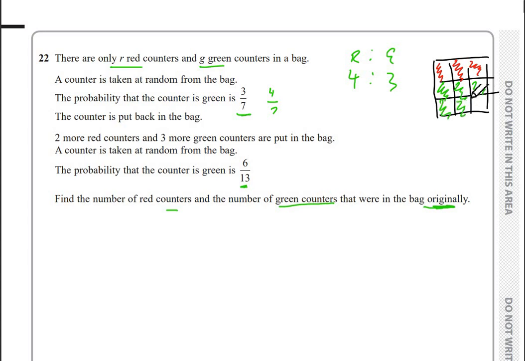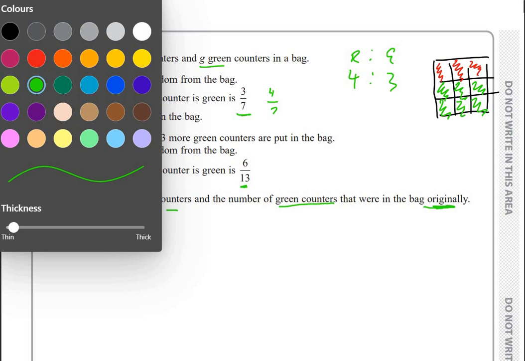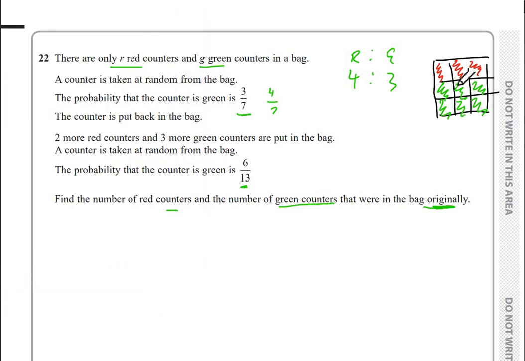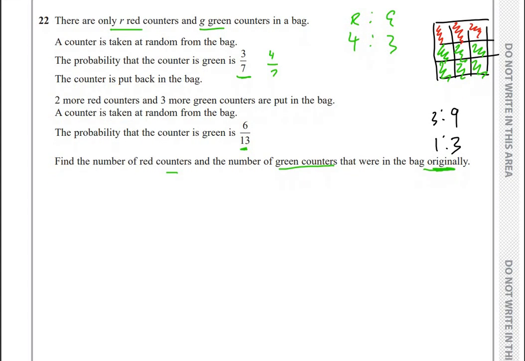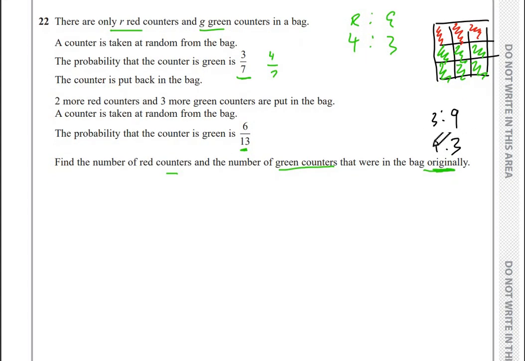Then I would say that the number of red to green chocolates is 3 to 9, right? And then we could simplify that ratio further to 1 to 3. But that doesn't actually mean, someone might come along and say, okay, so the ratio of red to green chocolates is 1 to 3, which means there must be 4 in total. But there's not 4 in total, there's 9.